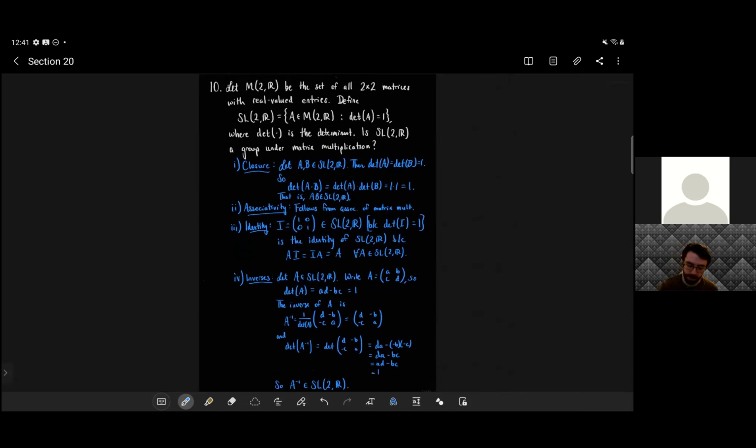What this means is that if you take a matrix with determinant 1, we're saying 2 by 2, so you're thinking of linear transformations on the plane. You take any pair of linear transformations on the plane that preserve area, and their composition, doing one that preserves area and a second that preserves area, still preserves area. Maybe that feels intuitive.